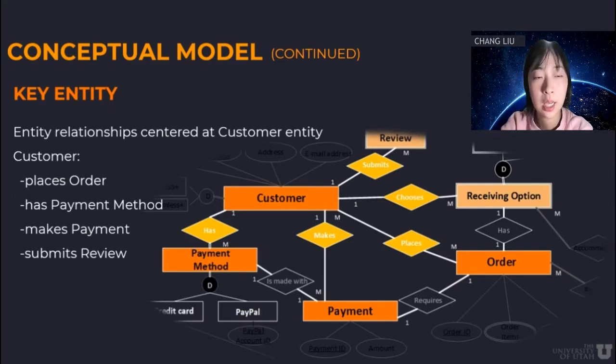Next part is a key entity. When we built the conceptual model, the phone number and the restaurant ID were defined as key attributes in each section, with the phone number and their personal information. Each customer uses it to register a Seamless account and money account and order food from the restaurant as well.